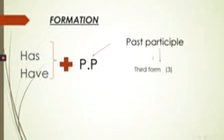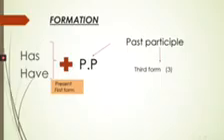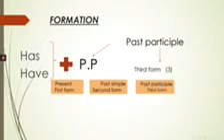Past participle is the third form of the verb. You know that we have the present simple or the present form, I mean the first form. We have the past simple or the second form, and we have the past participle, which is PP. Okay, it's the third form of the verb. Each verb has three forms.